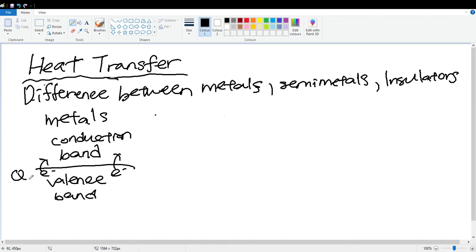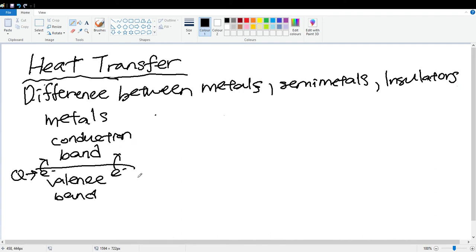When heat energy is supplied, the energy gained by the electrons increases, so the electron gets excited and moves from a lower energy level to a higher energy level, and eventually out from the electron shell and becomes a free moving electron.